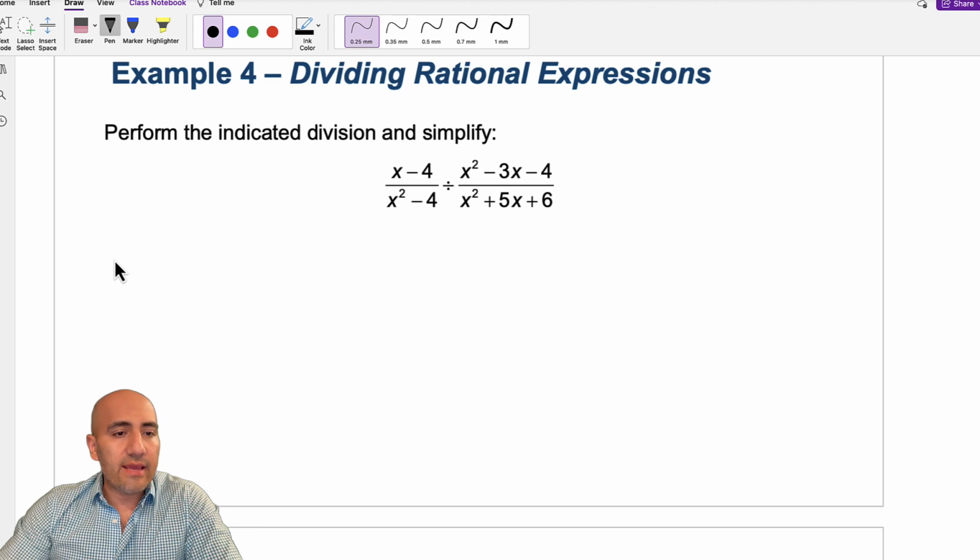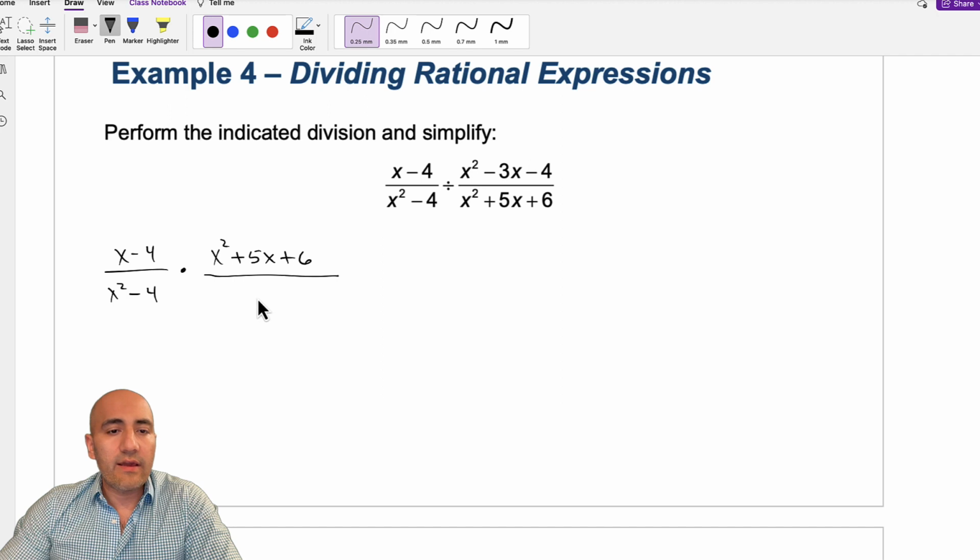So we're going to rewrite it as x minus 4 divided by x squared minus 4 times, and then we flip the second fraction, which is going to be x squared plus 5x plus 6 divided by x squared minus 3x minus 4. Okay, so that takes care of this. That's all we had to do to get rid of this division symbol. Multiply the first fraction times the reciprocal of the second fraction. And so now this just goes back to the previous situation where we have to simplify this.